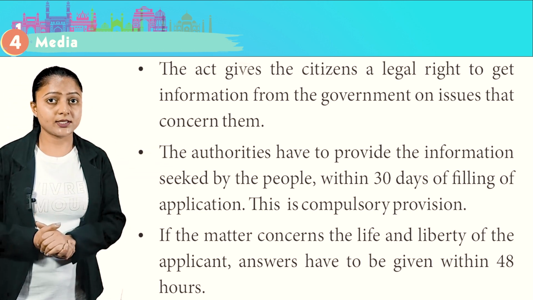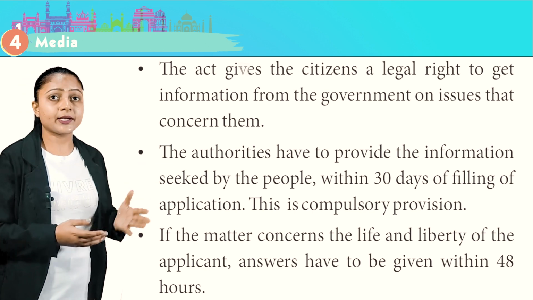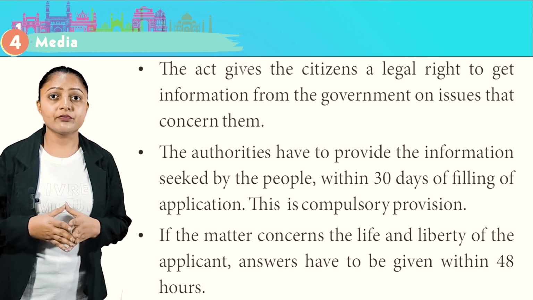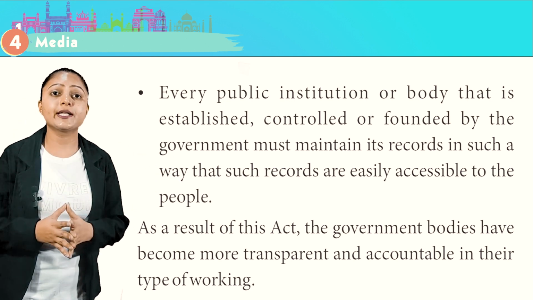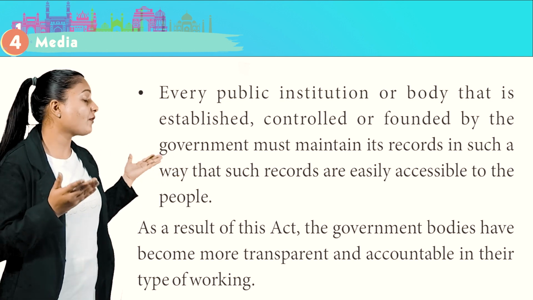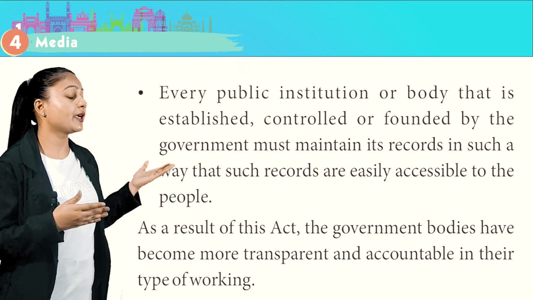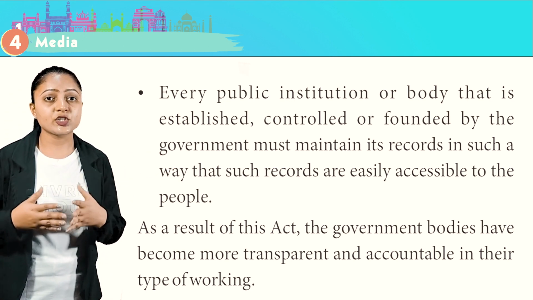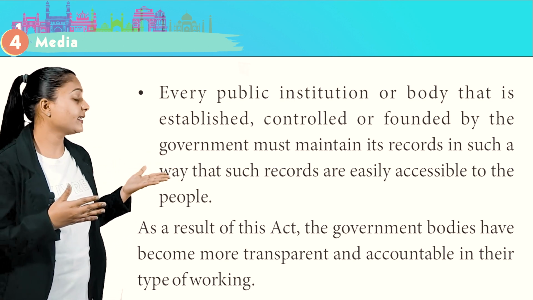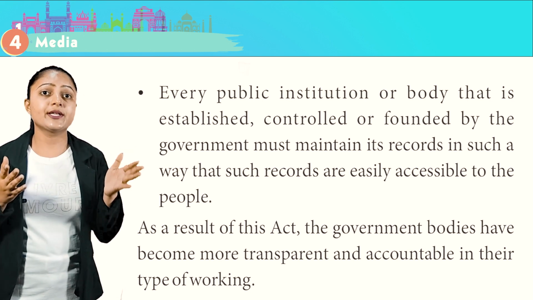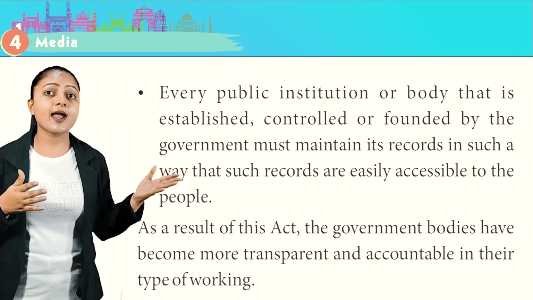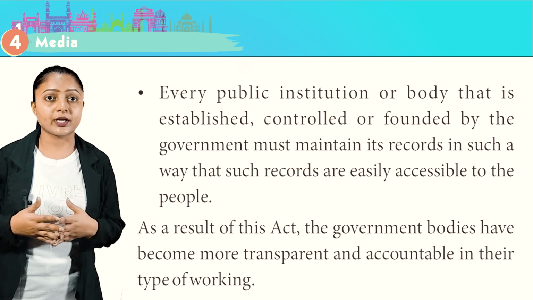If the matter concerns the life and liberty of the applicant, answers have to be given within 48 hours. Every public institution or body that is established, controlled, or funded by the government must maintain its record in such a way that such records are easily accessible to the public. As a result of this act, the government bodies have become more transparent and accountable in their working.